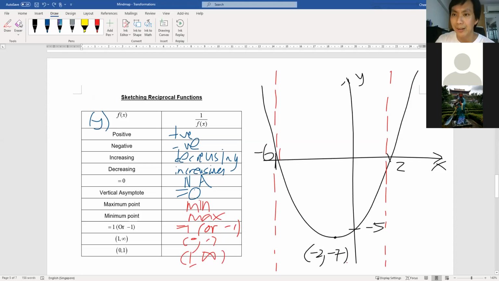is the black graph positive, negative, increasing, or decreasing? If you focus on a section here, is the black graph positive, negative, increasing, or decreasing? Increasing and positive. Okay. So with referencing the table, what would the reciprocal graph be like?